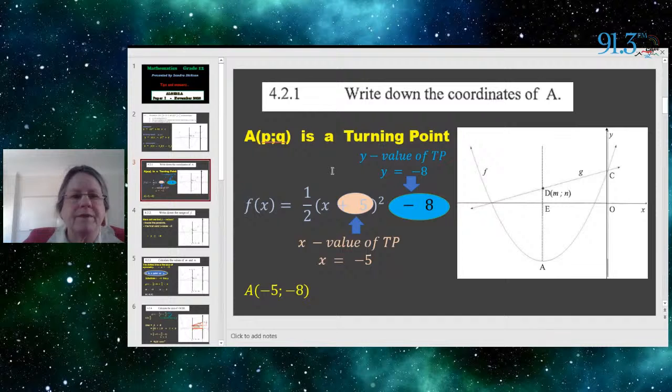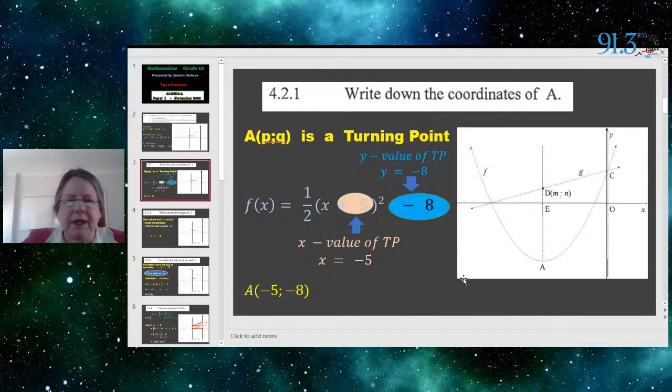Now, as I said on the previous slide, A(p; q) is a turning point, and I'm showing you here clearly. The plus 5 becomes a negative 5, and we use the y value minus 8, which is your q value.